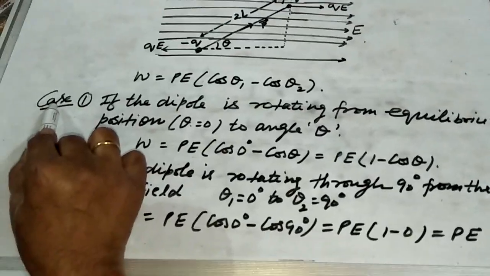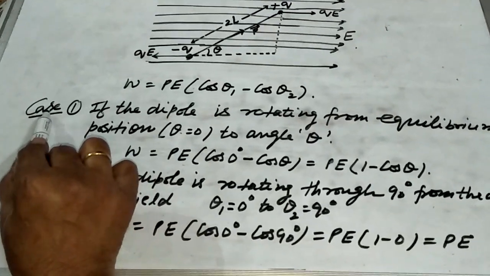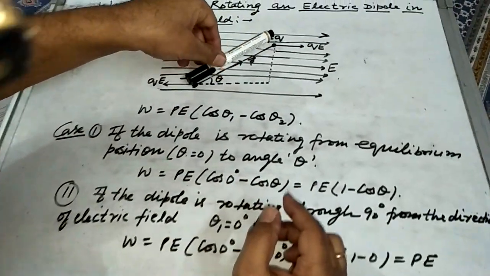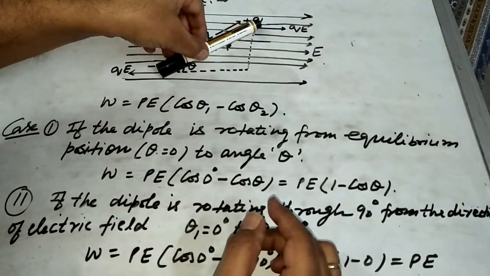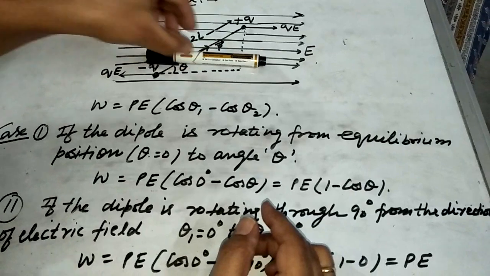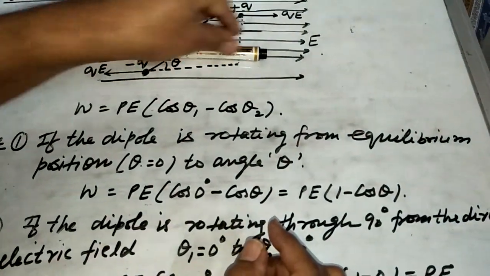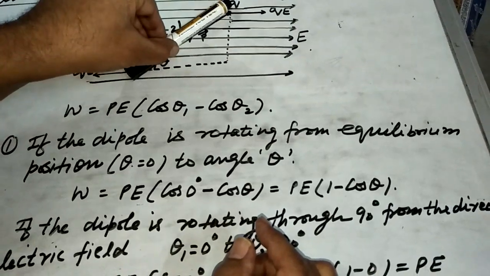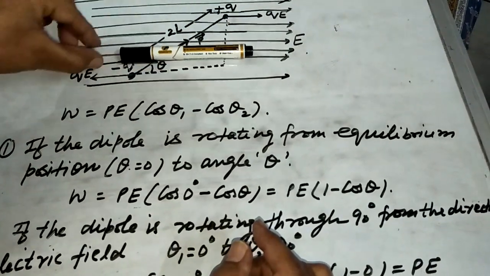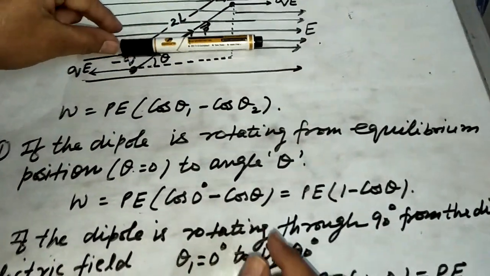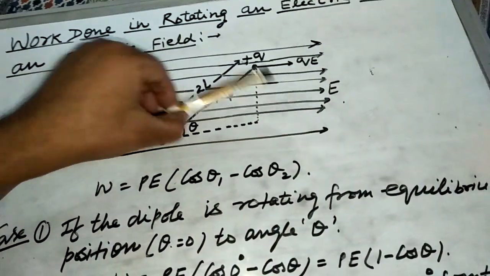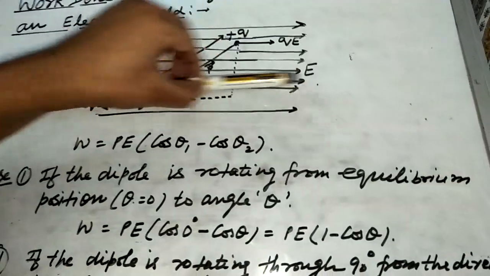Now we can discuss different cases. Case first. When the dipole becomes parallel to the electric field, you can say the dipole is in equilibrium position. Equilibrium position means the dipole is in the direction of the electric field.